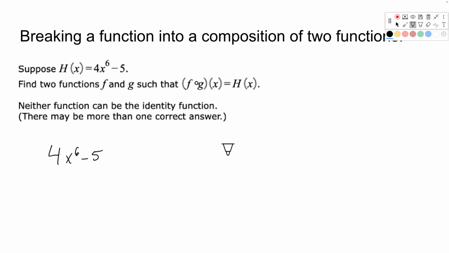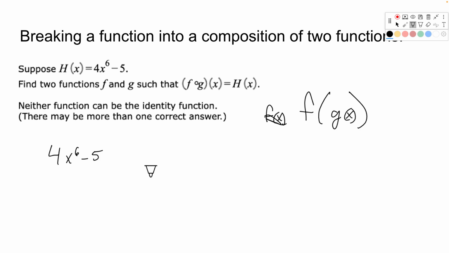How could we break it into an f of x function and, well, how can we get this to be f of g of x? So what function could we take g of x to be that we plug in? Even looking at this, it's kind of a problem solving thing, right? Because there's multiple things.